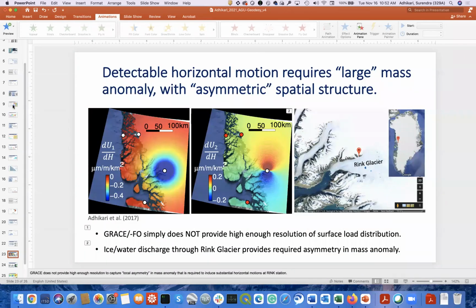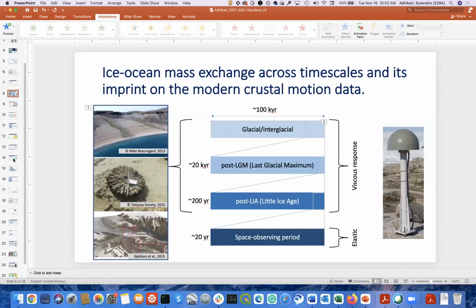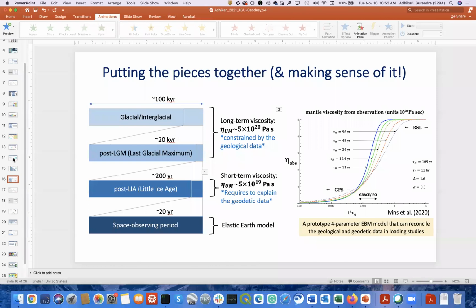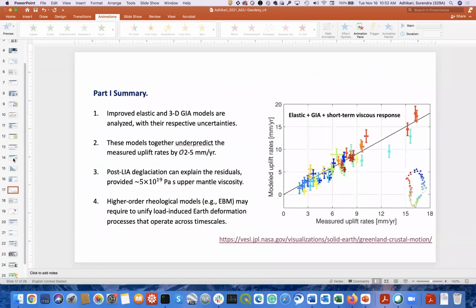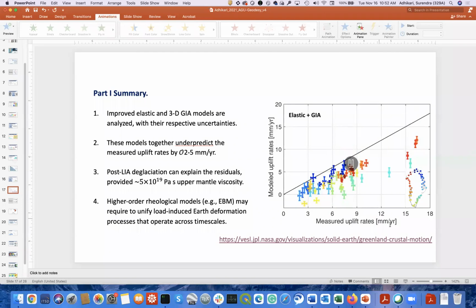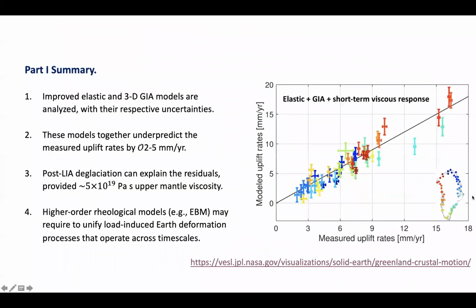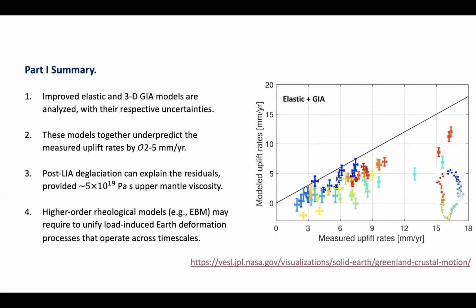I suppose that this short-term viscous response is not taken into account in the GIA model for Greenland applied to GRACE data. And what would be the effect on GRACE results if such short-term viscous response were taken into account?